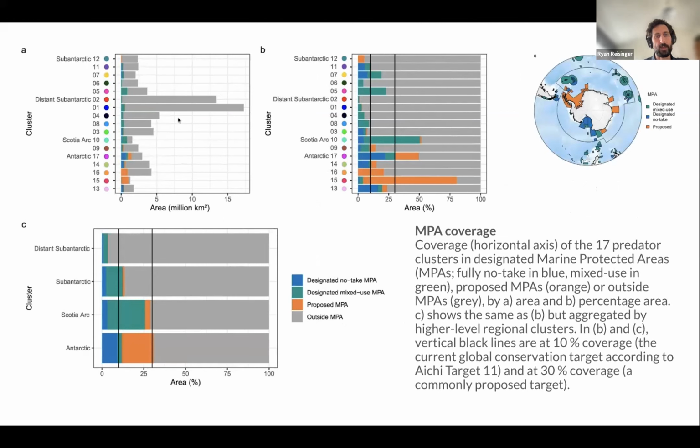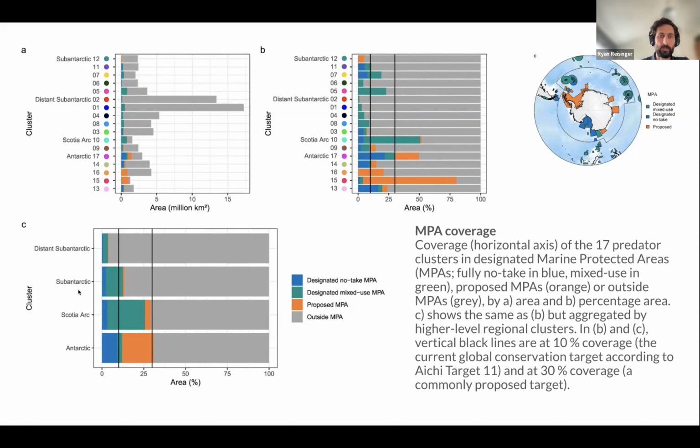So if we look at panel A over here, we can see the actual area in millions of square kilometers of each cluster, which is encompassed in designated no-take MPAs in blue, designated mixed-use MPAs in green, proposed MPAs in orange, or which lie outside of MPAs in gray.